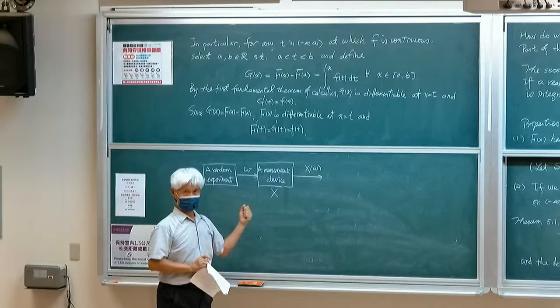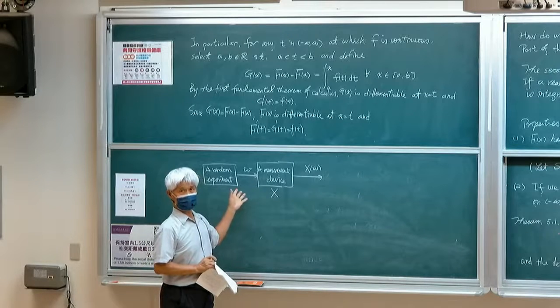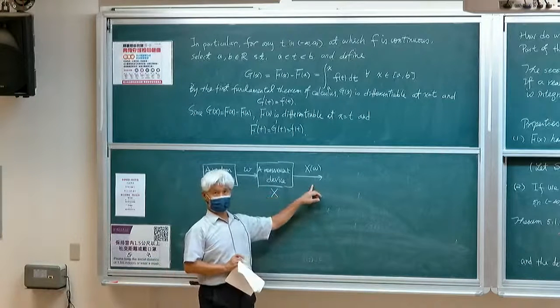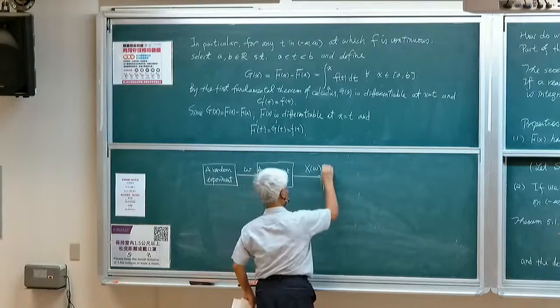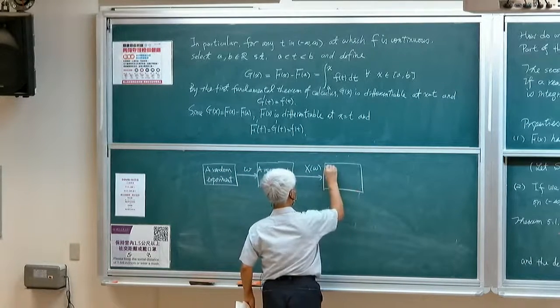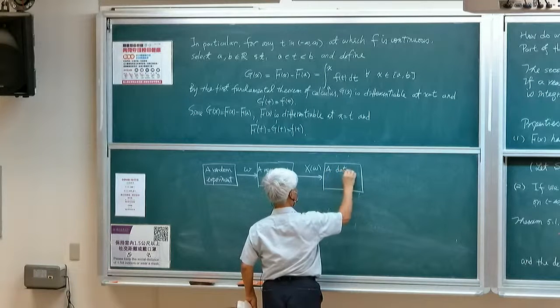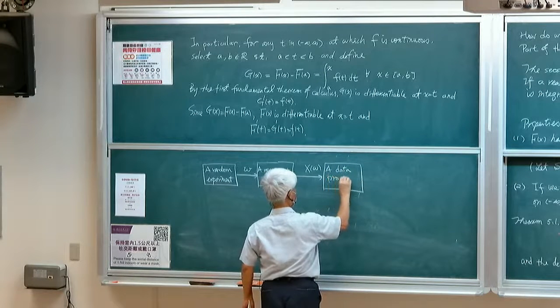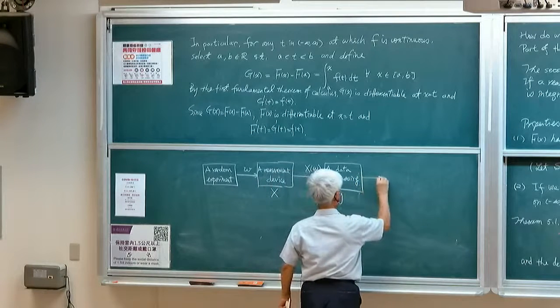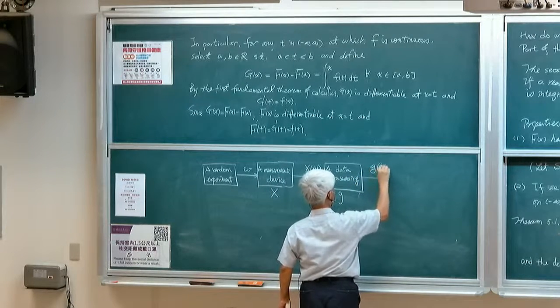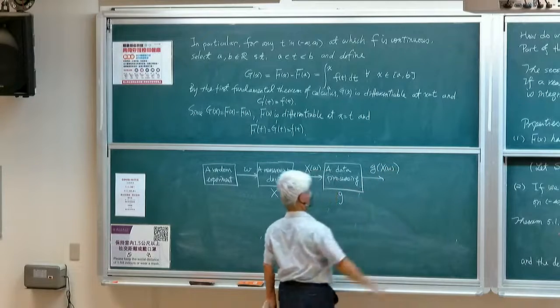When the outcome is omega, you get a numerical value called x of omega, and then you go to a data processing unit called G. So you get G of x.